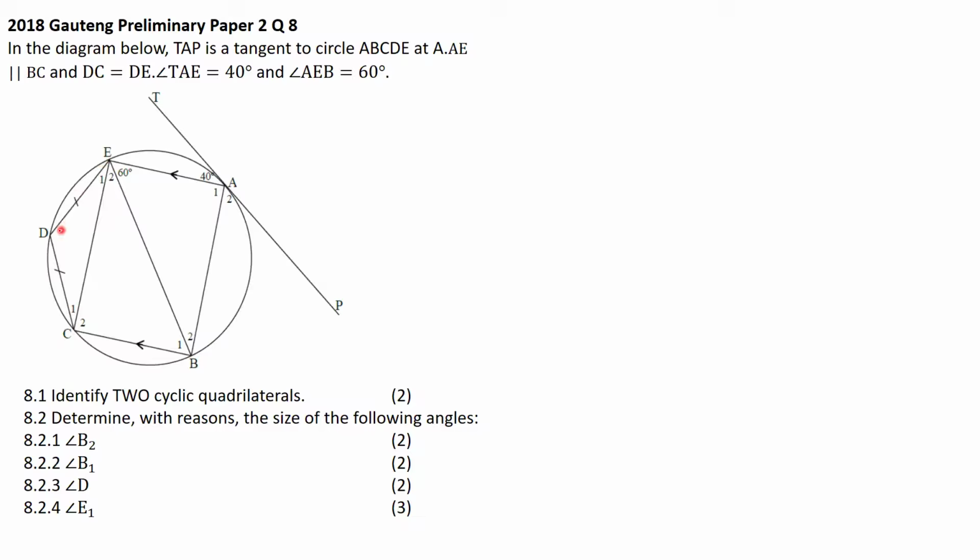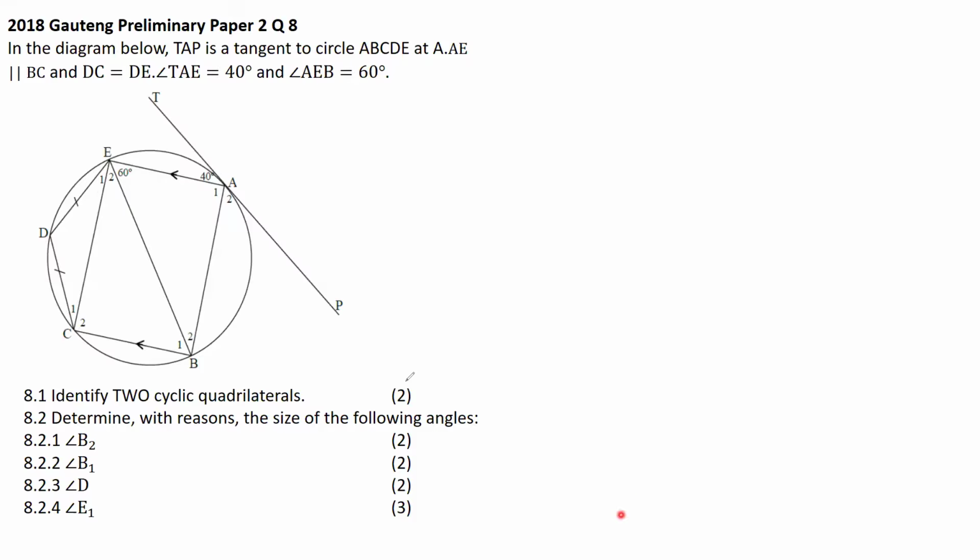So that means triangle DEC is an isosceles triangle because there's 2 sides in it that are equal. So they told me DC is equal to DE. So the triangle DEC is isosceles. Then they say TAE is 40, which I see here, and AEB is 60, which I see there.